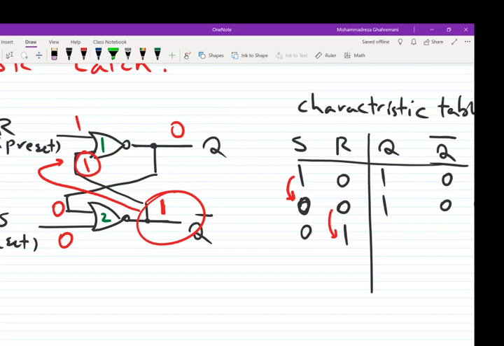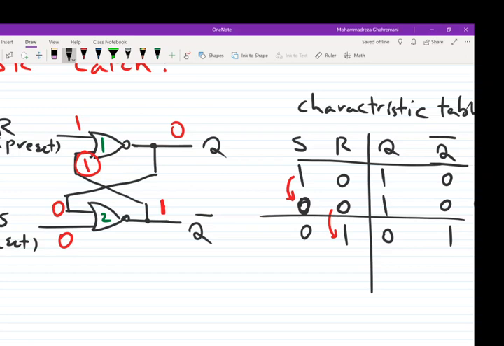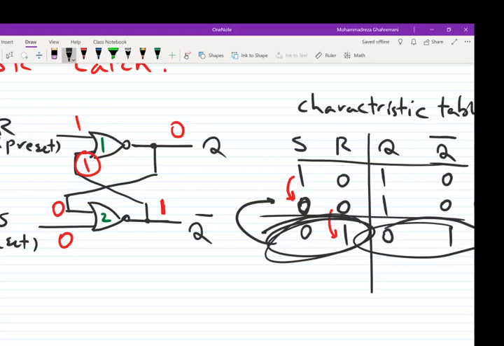So one thing that I should mention, before, let me just write it down here. First it's 0, 1. What I should mention is that changing SR to 0, 1 is not dependent on the previous state. Whatever the previous state is, by changing the inputs to 0 and 1, the output will be 0 and 1. You can just test it.